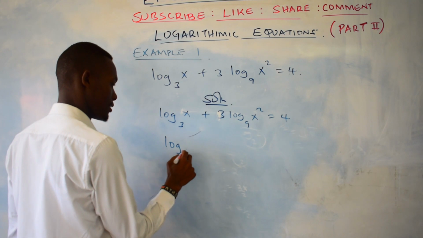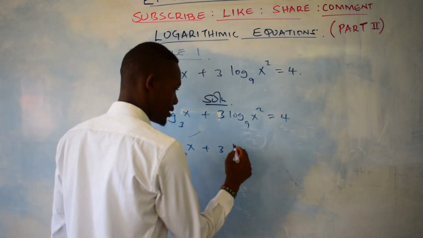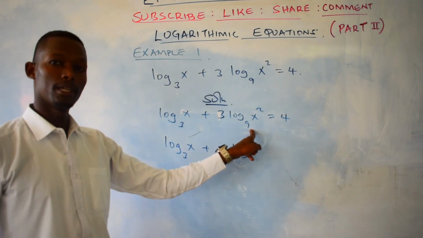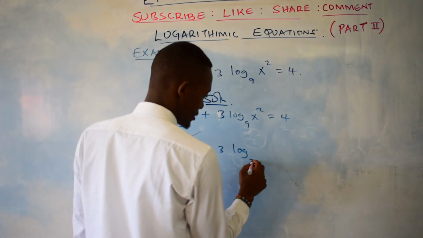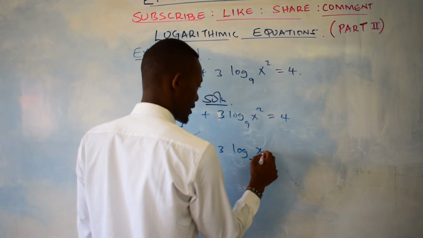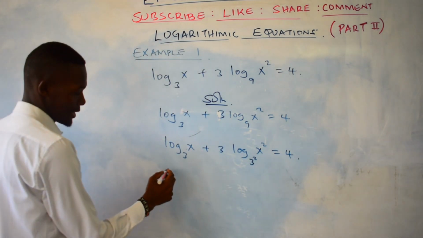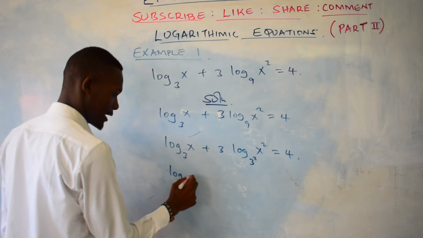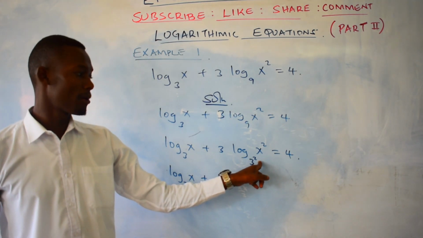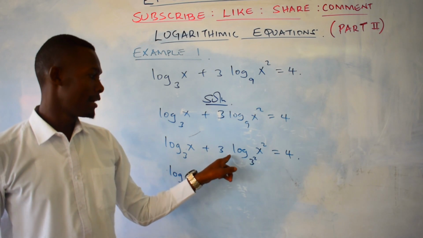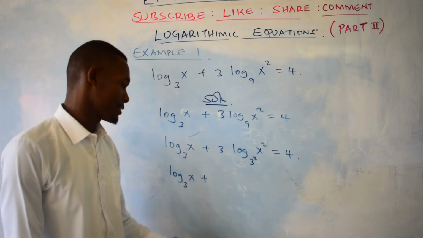Rewriting this to the base of 3, 9 is the same as 3 squared, so we write the log of x squared to base 3 squared equals 4. Again, the log of x to base 3 plus, we get this power out of the base and bring it out, but we bring it as a fraction, an inverse.